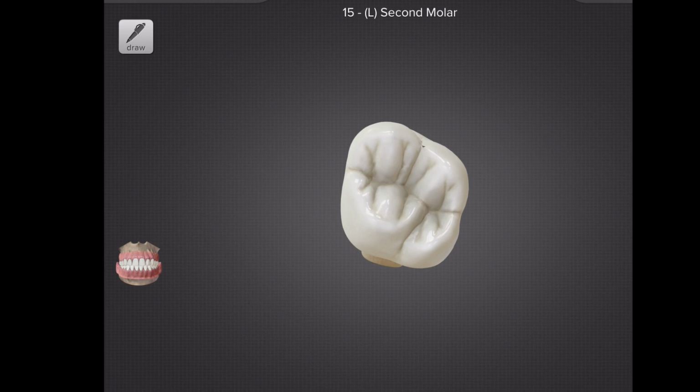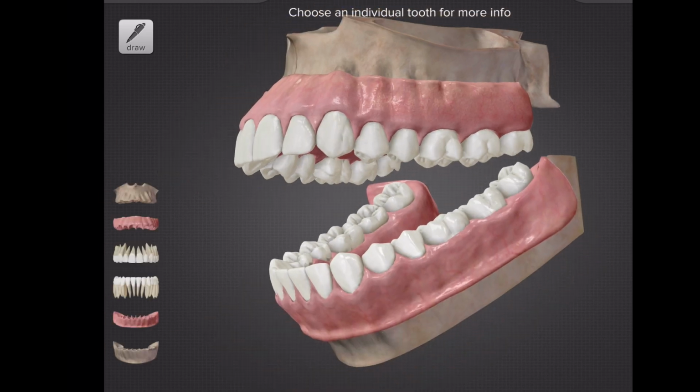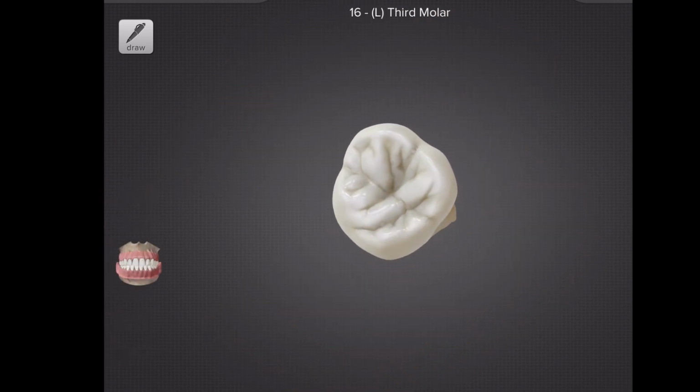For your third molars, usually 3 to 4 lobes. So, as you can see here, this is a 4 lobe, 1, 2, 3, 4. So, usually, when I was a student, I associate lobes as my future cusp. So, I just imagine how many cusps do I have for that specific tooth, and somehow, for my posteriors, it will predict how many lobes do I have.